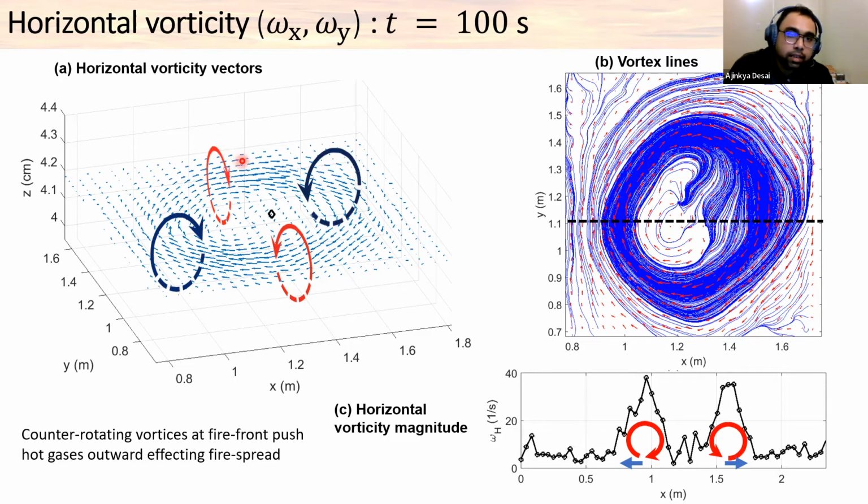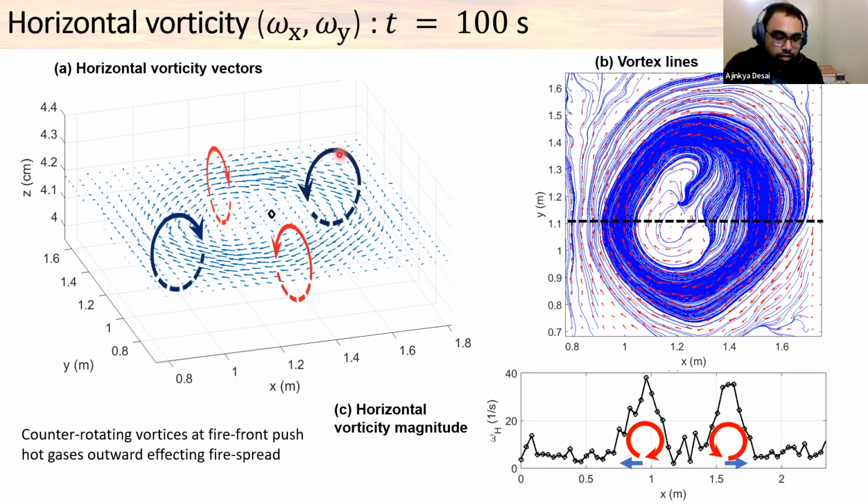That would mean that the net vorticity would be pointing in the upward direction, which means this eddy, which is currently vertical, is going to get tilted so that its axis is pointing upward. If you look at this eddy over here, and let's say the omega z component is negative, then by similar logic, this vortex is going to be tilted downward, so that you have a downward tilted eddy and an upward tilted eddy.